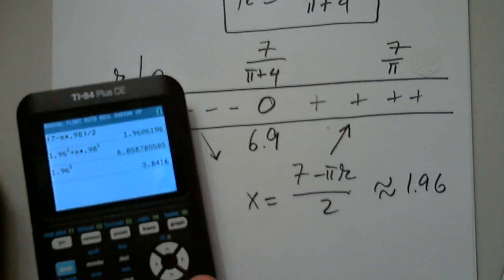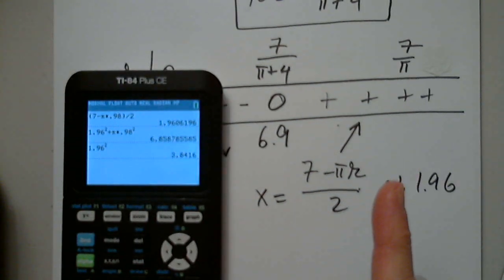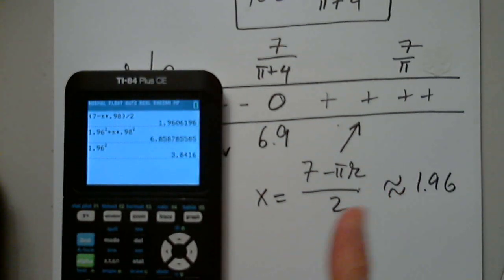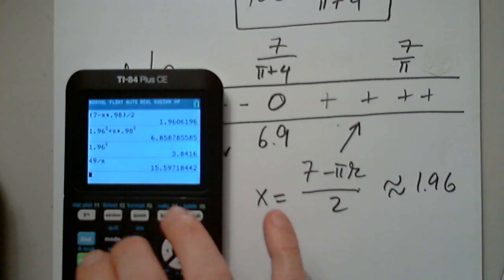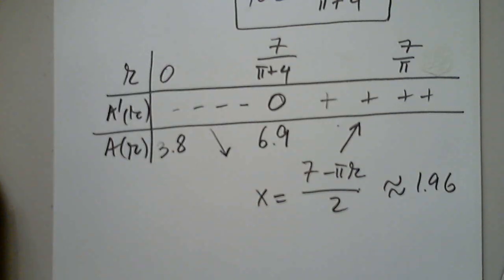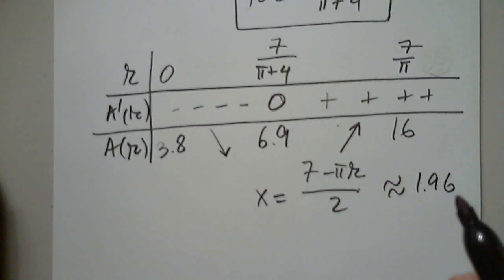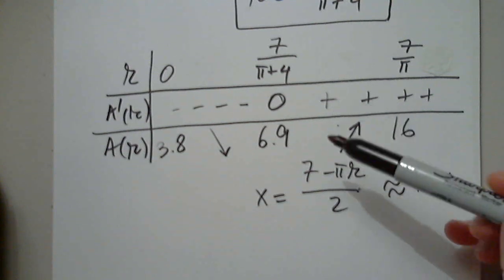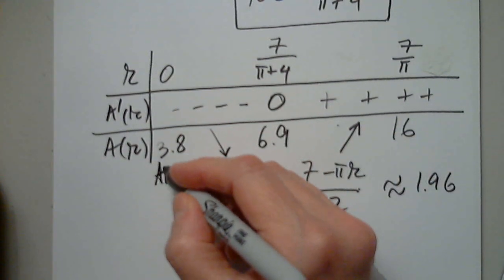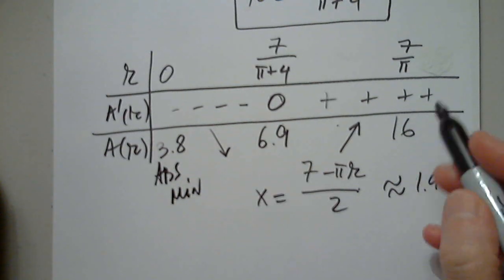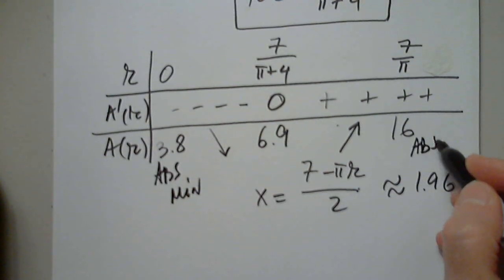So the area would be 49 over pi, 16 roughly. So, absolute min, absolute max.